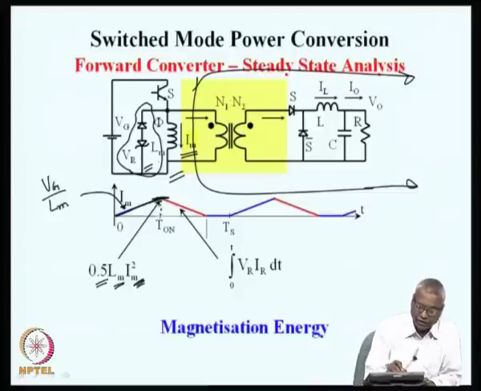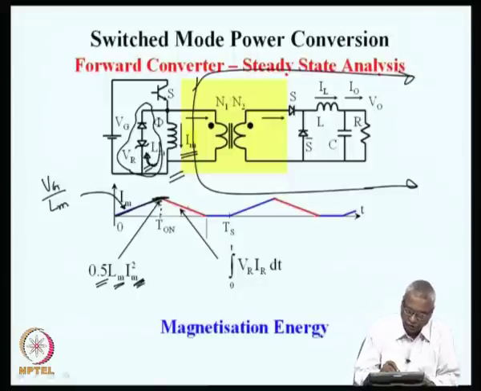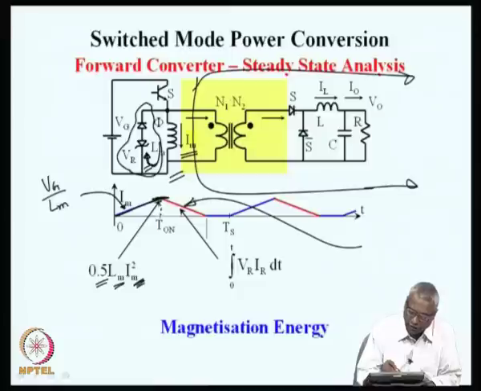So, during the second half, the off period, the inductance continues to pass this current because the main switch has turned off. This current continues to flow through the Zener, and so during this time we see that the di by dt is VR divided by Lm with a minus sign.